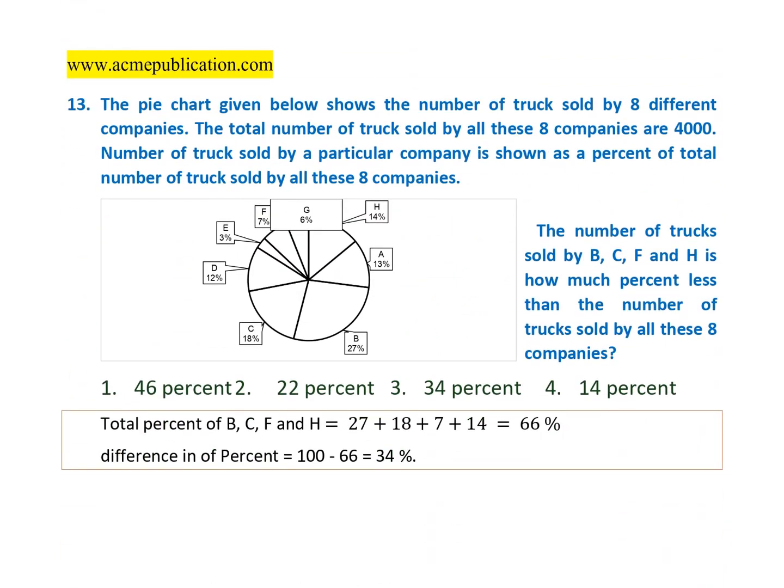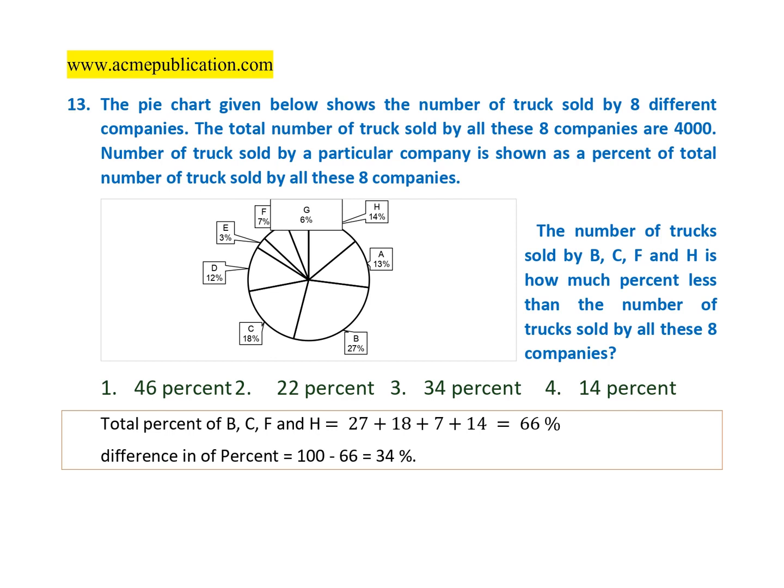Question 13. The chart given below shows the number of trucks sold by 8 different companies. The total number of trucks sold by all these 8 companies is 4000.